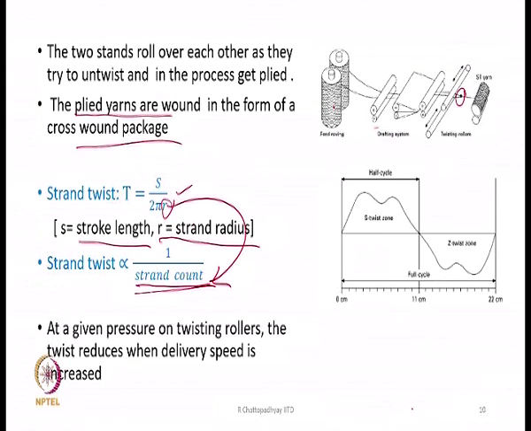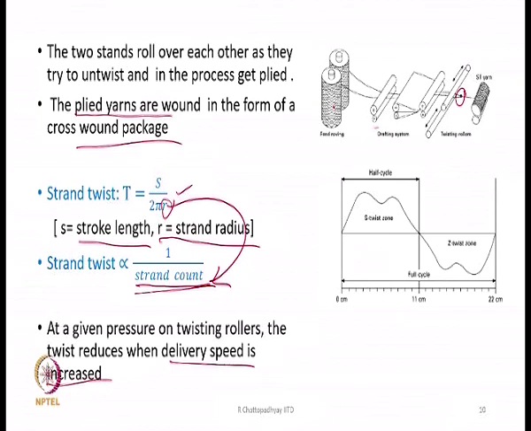The other interesting part is, at a given pressure of the twisting roller, the twist reduces when the delivery speed is increased. Obviously, ultimately how many times the roving is rotated, or roving is turned by the stroke of the oscillating rollers, and during that time how much I am delivering.